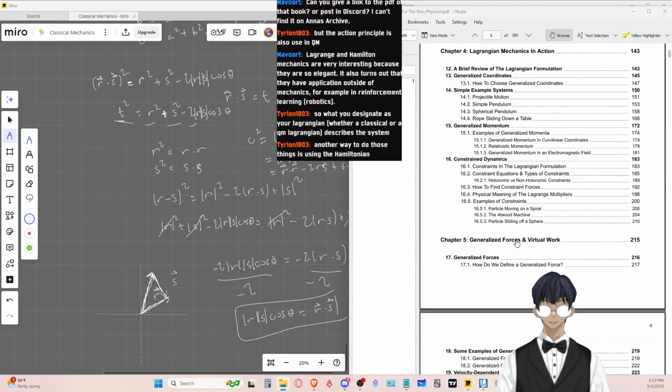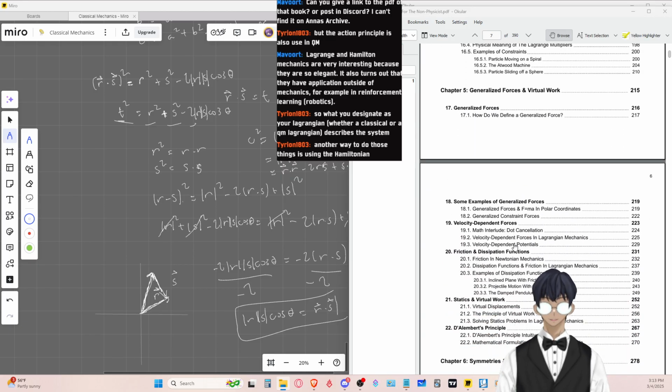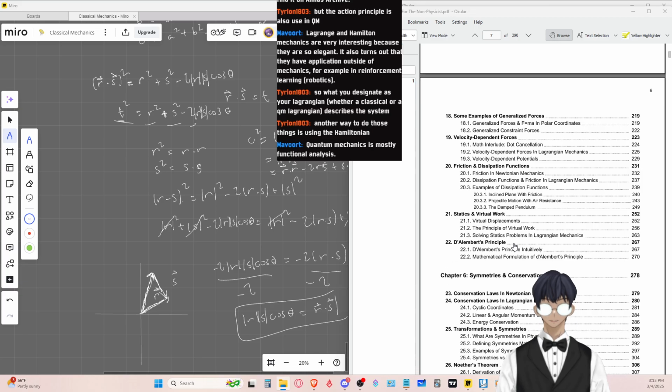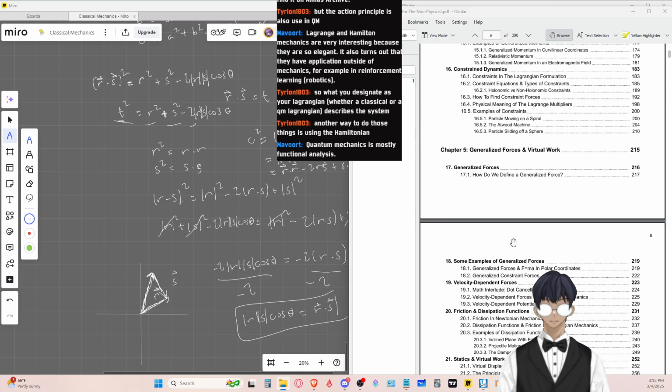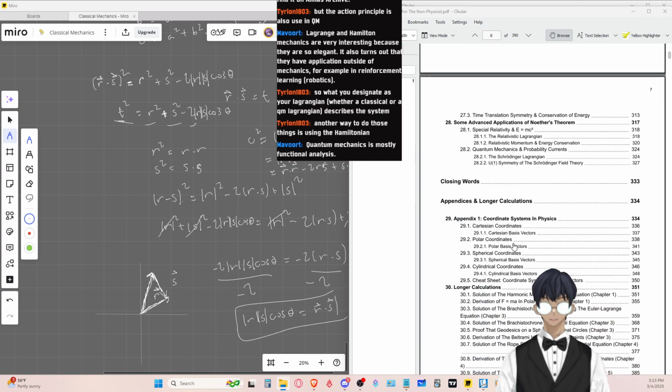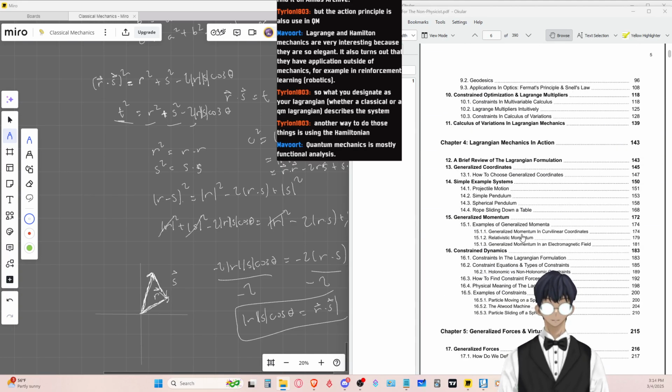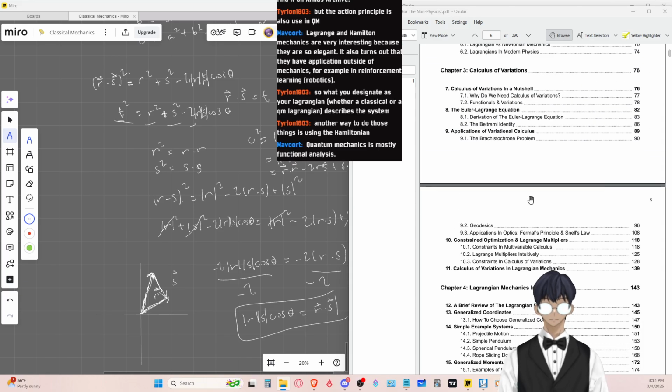Because they do go into Noether's theorem, where I think they introduce a little bit of Hamiltonian. But I don't see it. It's probably a small section, or just a minimized box.